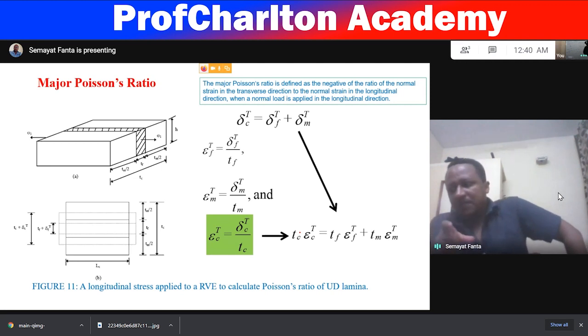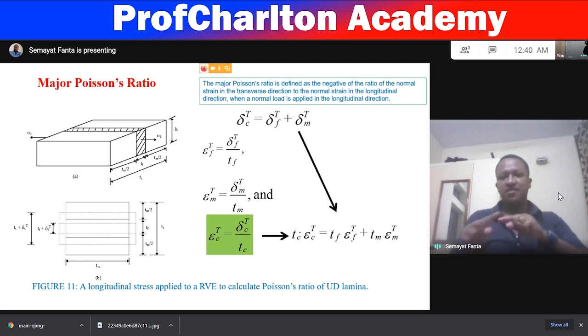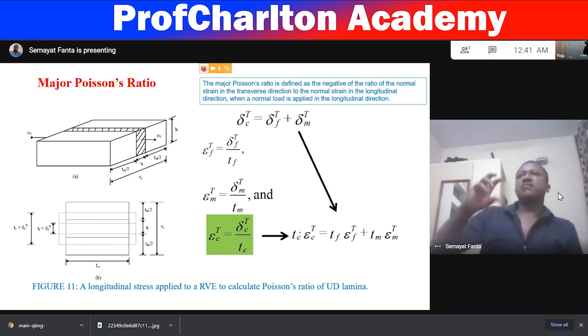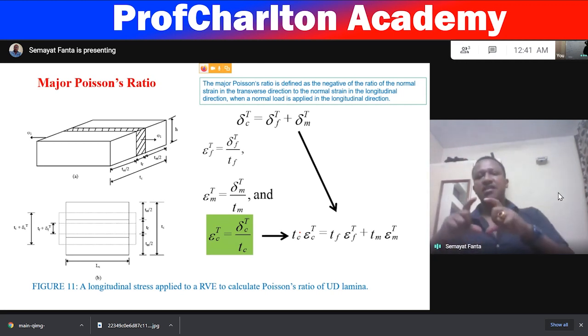As we know, strain in the longitudinal direction is equal to the change in length in the longitudinal direction over the original length. At the same time, the strain in the lateral direction is represented as a negative change because it is a reduction: the original dimension is greater than the final dimension, so the change in L is negative.